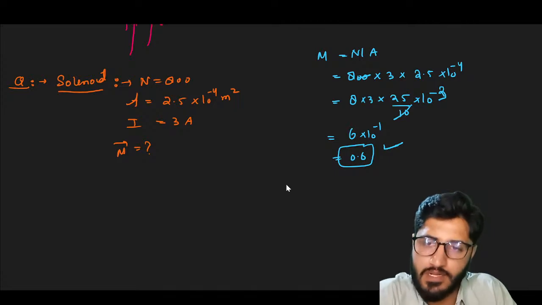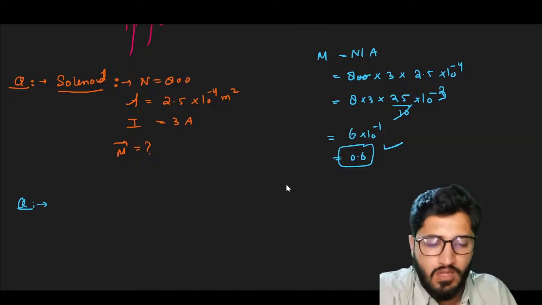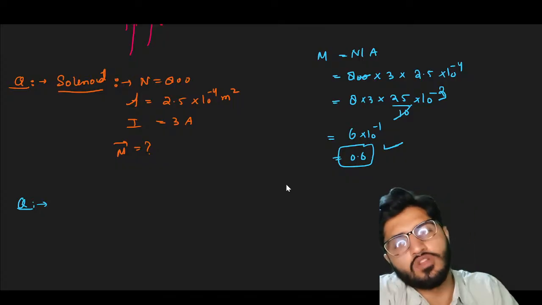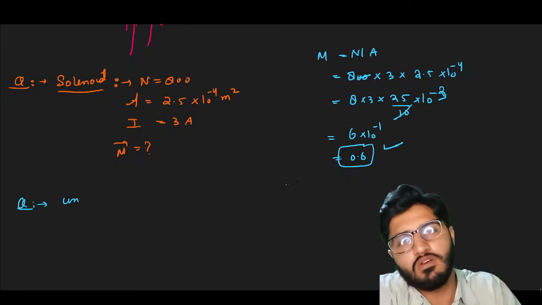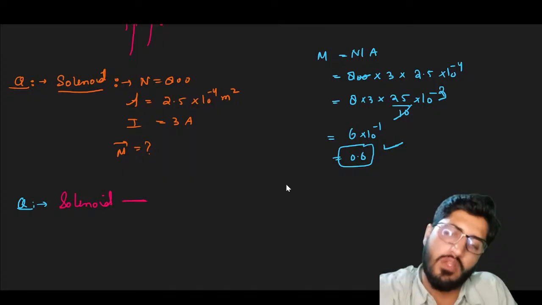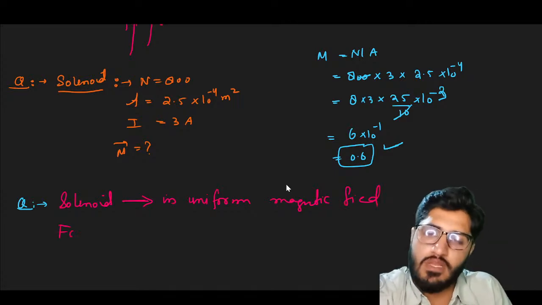Okay. One more numerical. Within 5 minutes, we will end this lecture now. If we are having a solenoid and the solenoid is placed in a uniform magnetic field, could you just tell me how to find force?